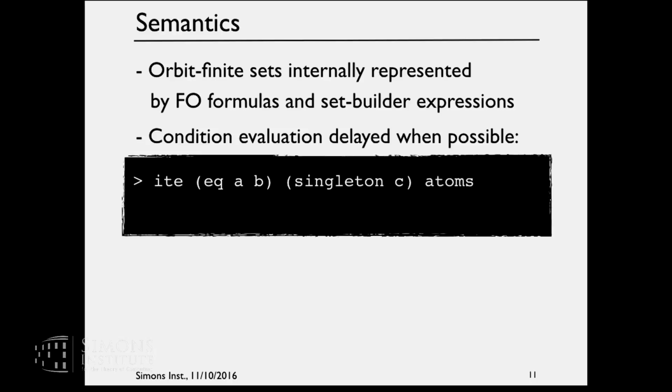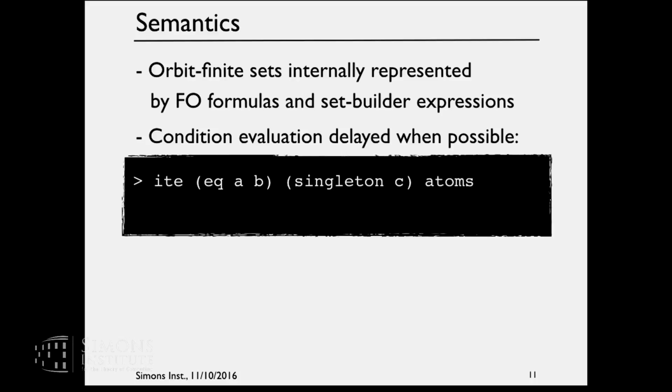For example, we must do something with the conditional statement of Haskell, if then else, because it might happen that the condition is a formula on atoms that at this moment doesn't have a determined logical value, because it depends on some atoms, and we don't know whether these atoms are, for example, equal or not. Therefore, we must delay the evaluation of conditional expressions as long as possible.